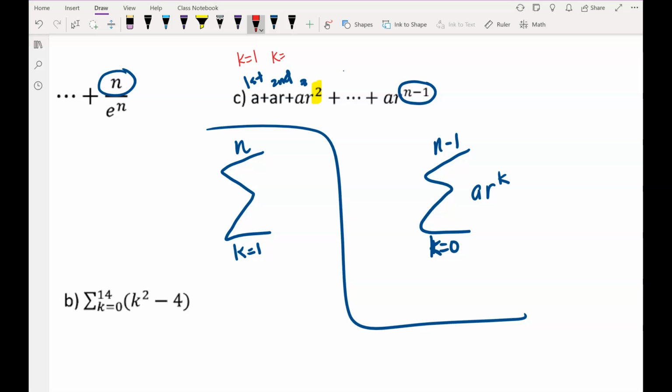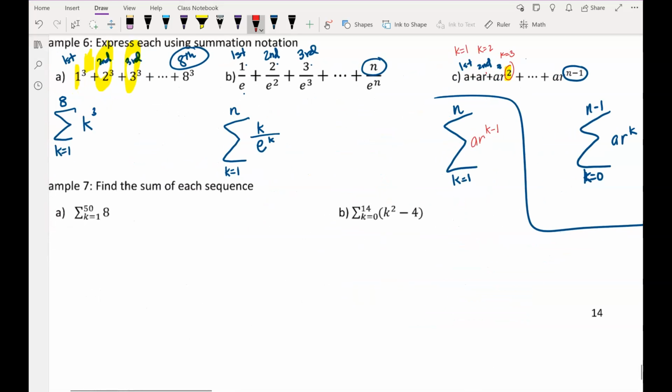When k equals 2, this is my second term, I have a r, so r to the first power. When k equals 3, that's my third term. This is 1 less. So your formula, students, for this one, is a times r to the k minus 1. Okay, so those are the two summation notations that you can have, and either one should be fine.